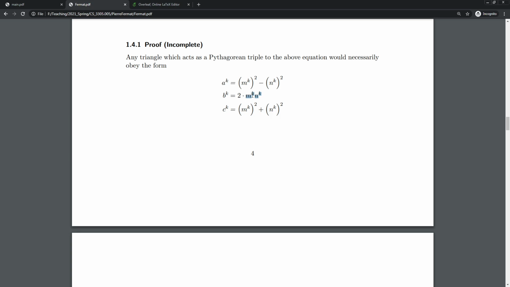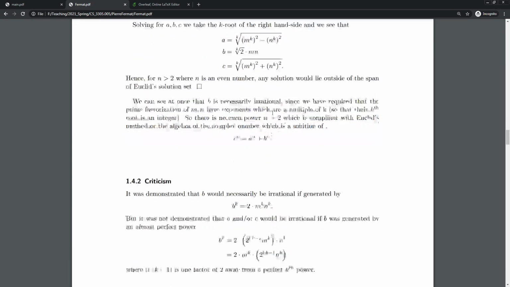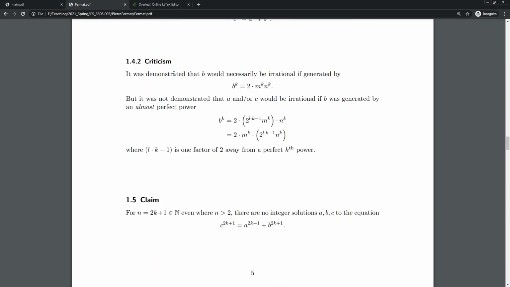Their exponent in the prime factorization is a multiple of k, so when you raise it to the 1 over k, it divides out evenly. But 2 kind of stands out, and so I have this criticism section here to show where the proof falls a little flat whenever trying to be rigorous, right?